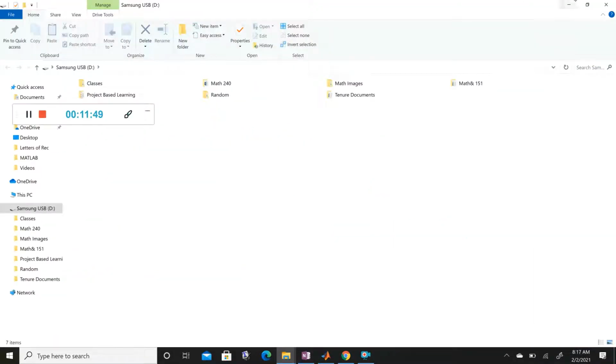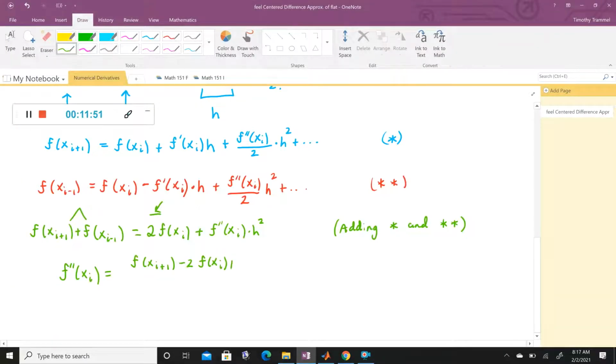plus f of x sub i minus 1. And you could see why you might want to write it in this order, because you go x sub i plus 1, x sub i minus 1. And then this is all over h squared.